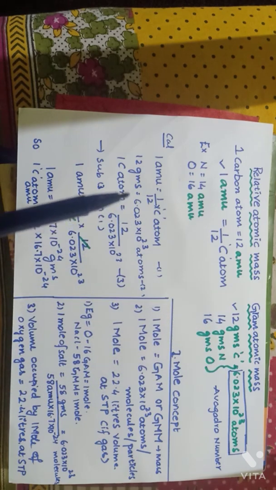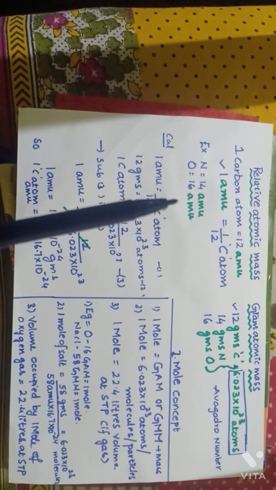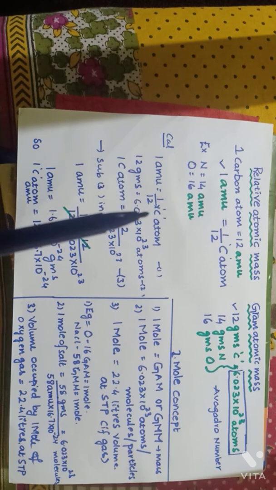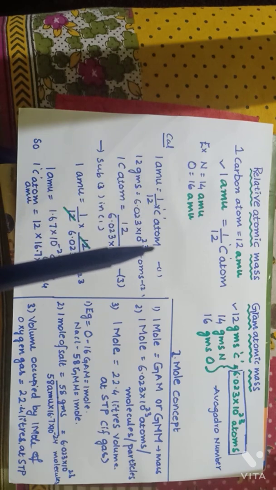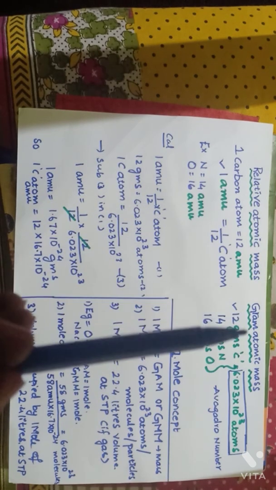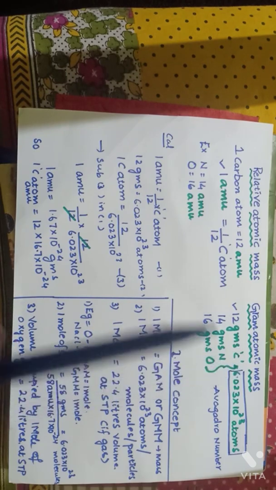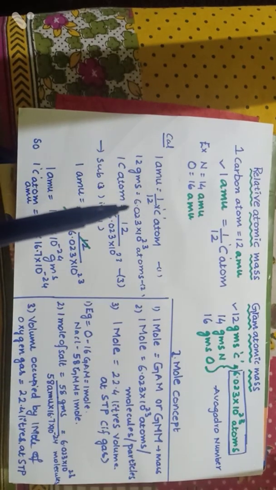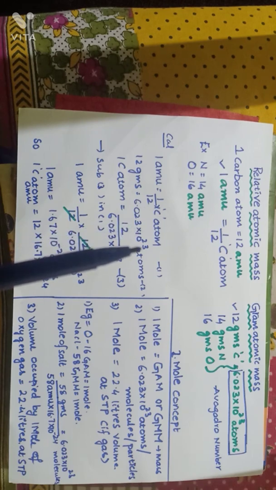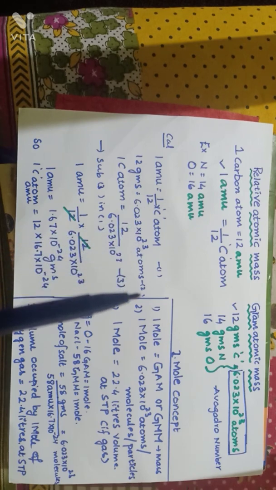So now we know that 1 atomic mass unit is equal to 1/12 of a carbon atom, and we also know from gram atomic mass that 12 grams is equal to 6.023 into 10 power 23 atoms.